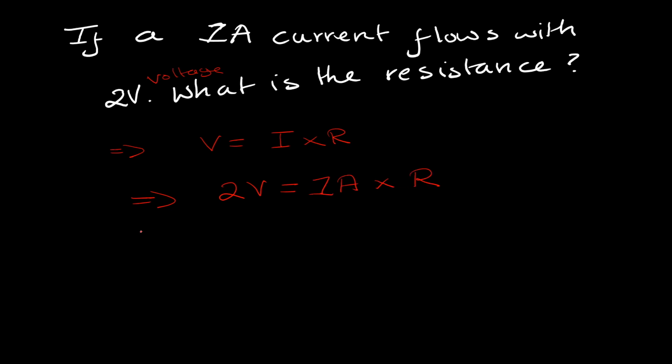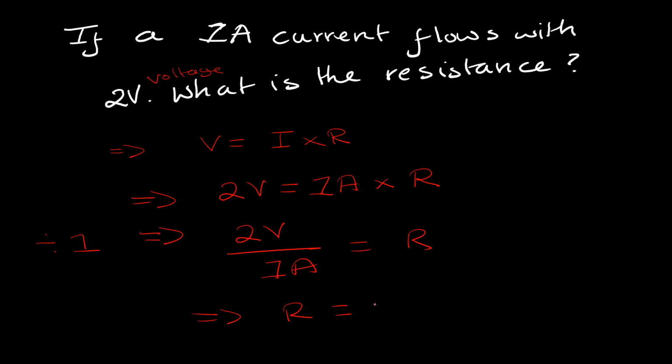So we divide both sides by 1. 2 volts divided by 1 amp equals R, and R equals 2 ohms.